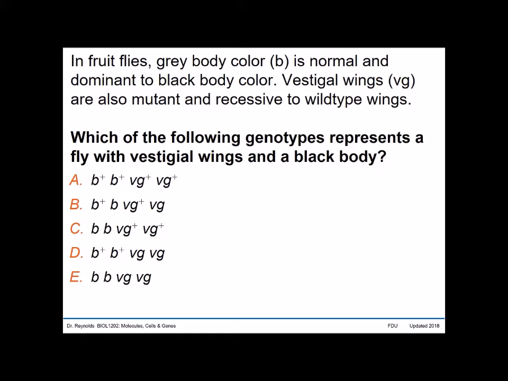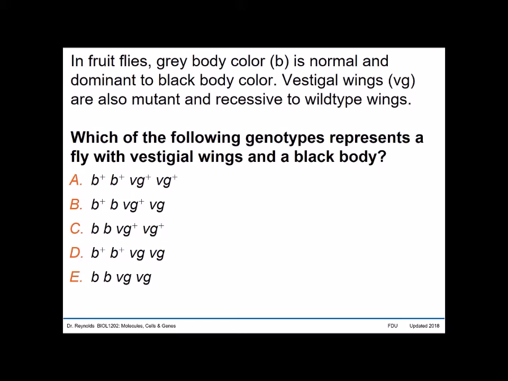So in order to answer this question, we have to go back and read the text again. So if gray body color is normal and dominant to black body color, both of these phenotypes are going to be controlled by the B gene. The plus sign indicates for us the wild type phenotype.